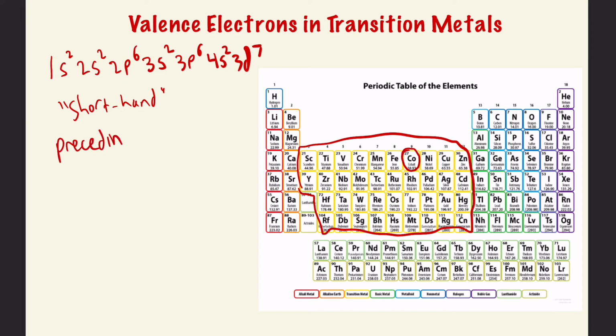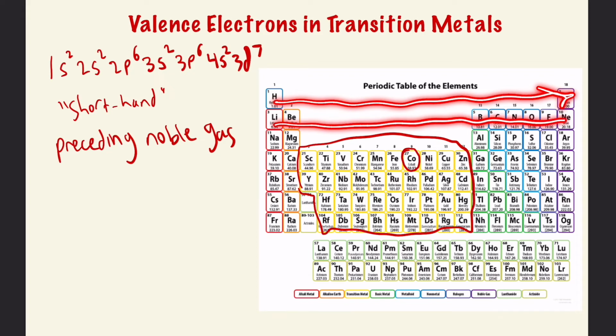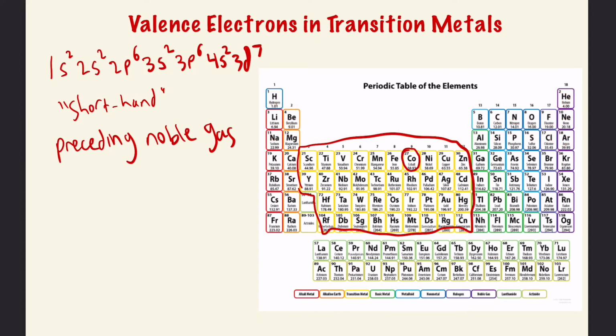As we know, noble gases are very stable, and they're in the last group over here. If we look at cobalt and we go across the periodic table like this, the noble gas that's right before cobalt is argon, because if we continue after argon, we end up in the row of cobalt, and then we continue across.